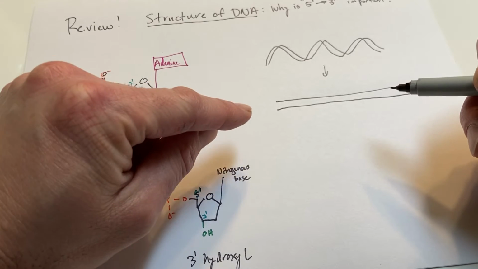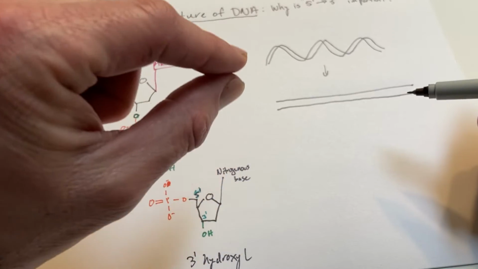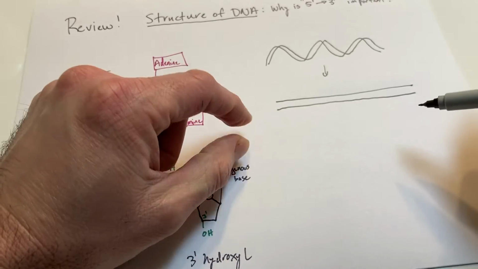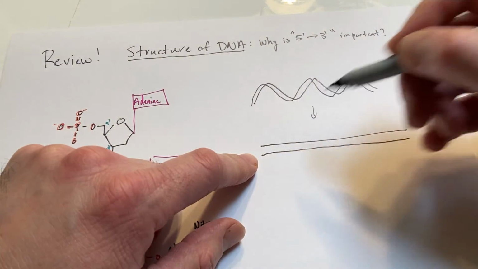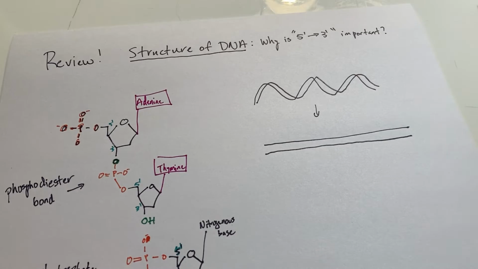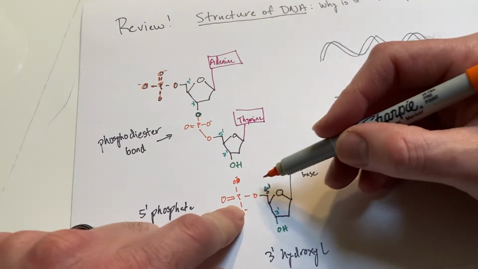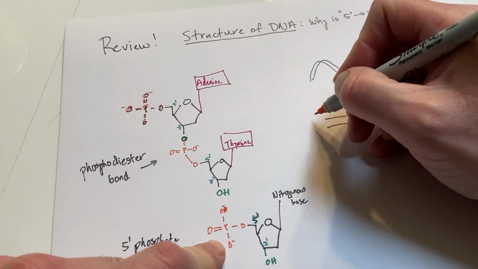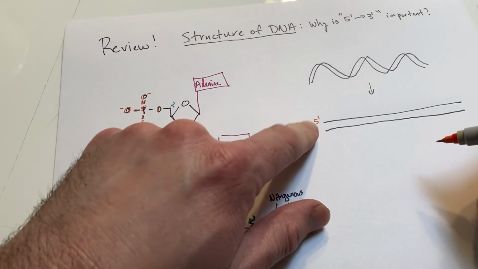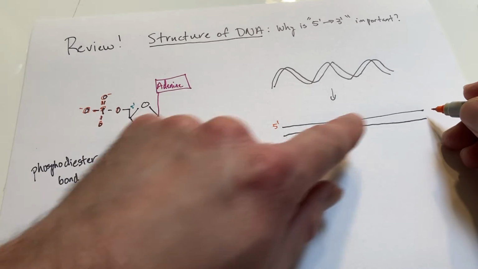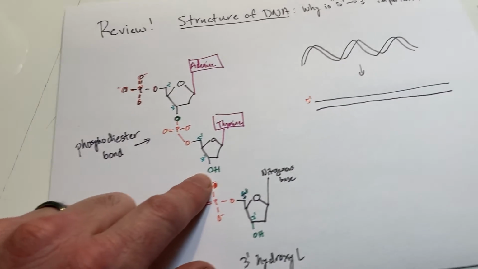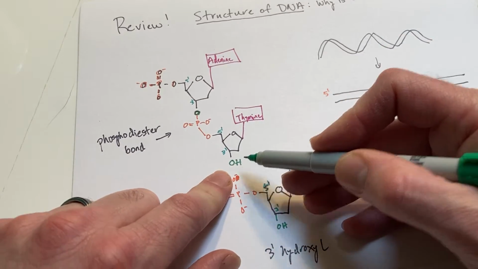Now, I want to describe a very important structural component of DNA, all right? So here at this top strand, let's take this, let's see, the 5' phosphate. We're using orange for phosphate, right? So we've got the 5' phosphate here, and down at this end, we're going to have a 3' hydroxyl, which I've labeled before in green, right?